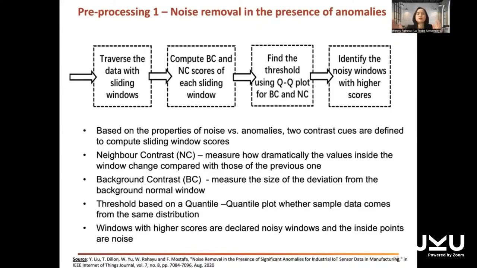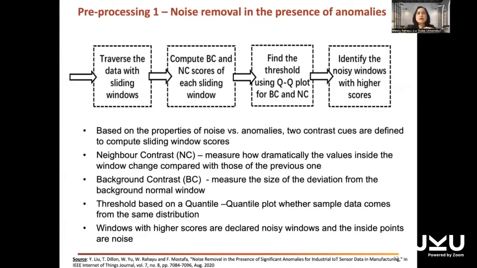So for every window, we identify or measure how dramatically the values inside the window change compared to the previous one, and we call this neighbor contrast. We then compare it with the background contrast, which is the size of the deviation from the normal background window.